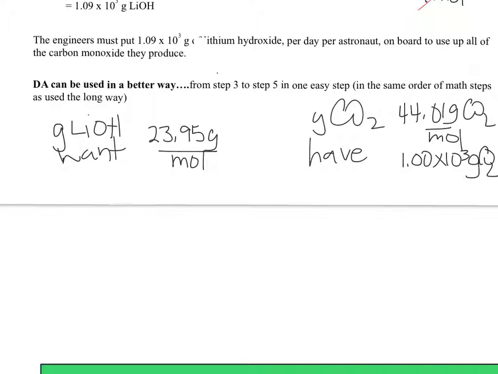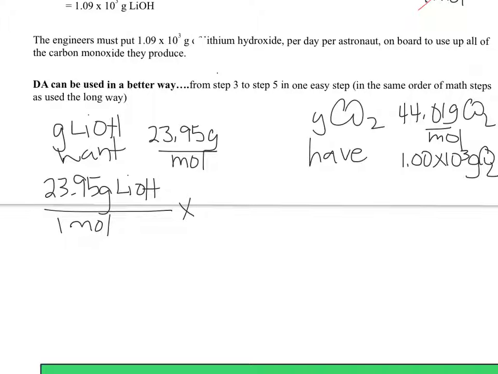So, because we want grams of lithium hydroxide, we start with the molar mass of lithium hydroxide. We've got moles on the bottom, we've got to get rid of those.